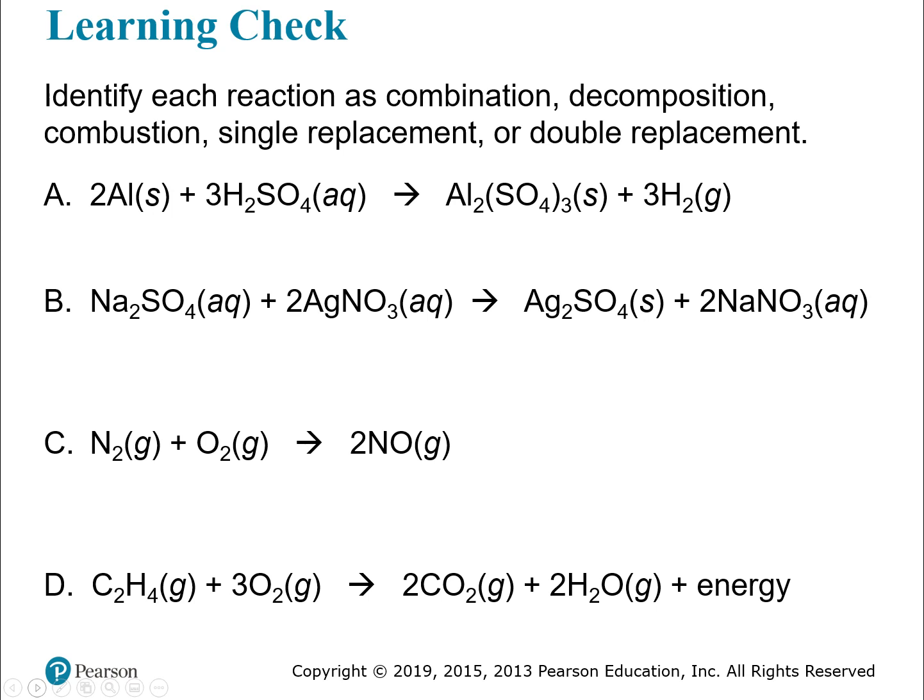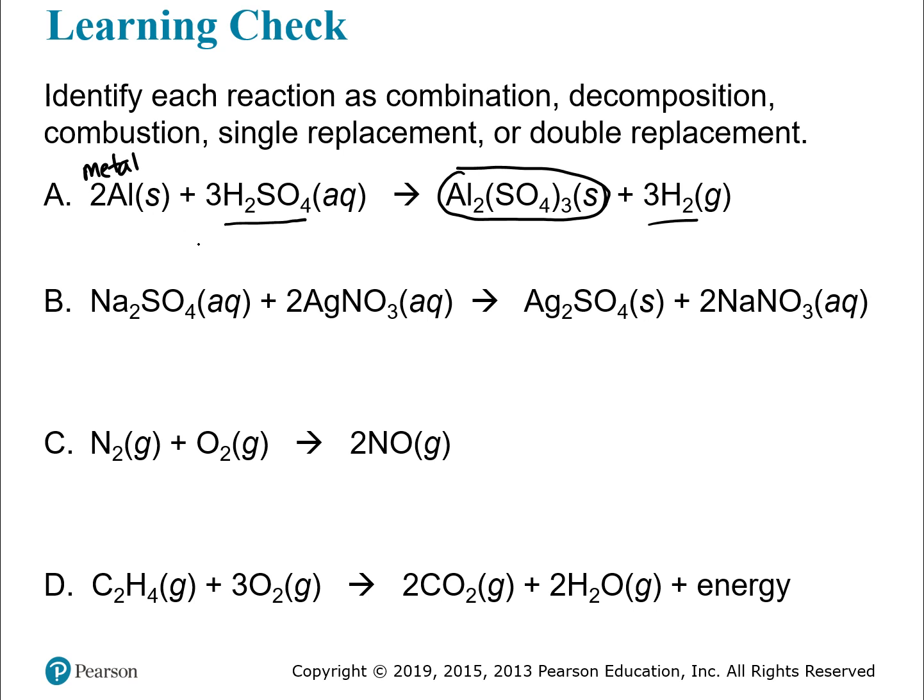First reaction is A. We've got a metal over here and we see an acid, which is an aqueous solution. On the other side, we see that the metal is part of the aqueous solution now, or it's a solid, right? So we've made something different, and we've also made hydrogen gas.